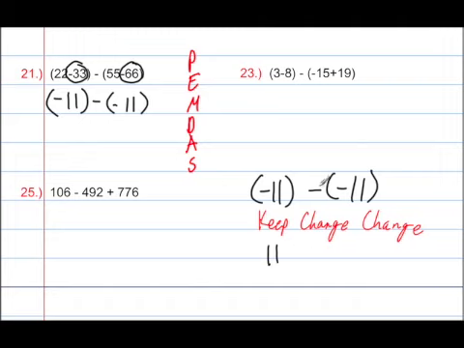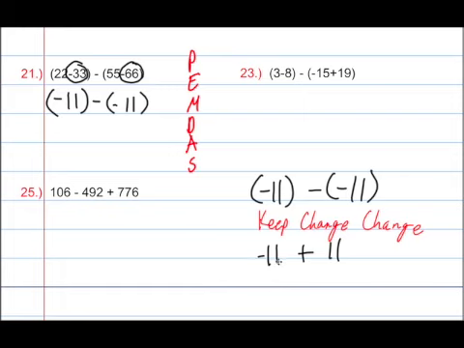Change the minus to addition, change the negative 11 to positive 11. Oh, I dropped this negative 11. So remember, keep. Make sure that if this is negative 11, that stays negative 11. This is minus, that changes to positive. This is negative 11, the sign changes to positive 11.